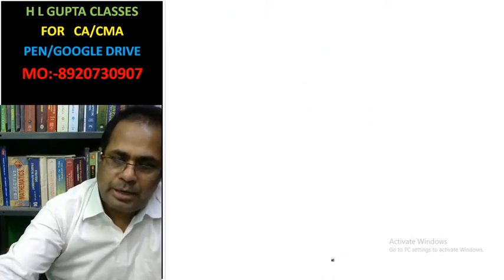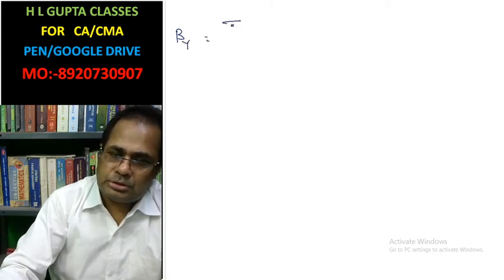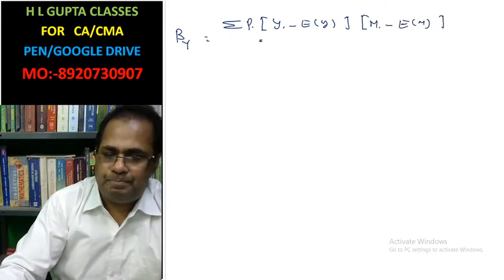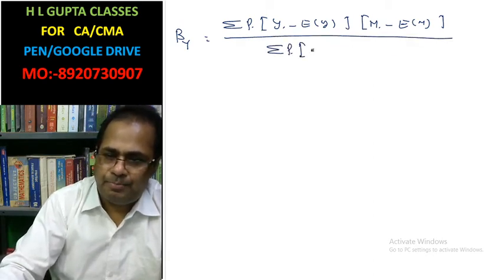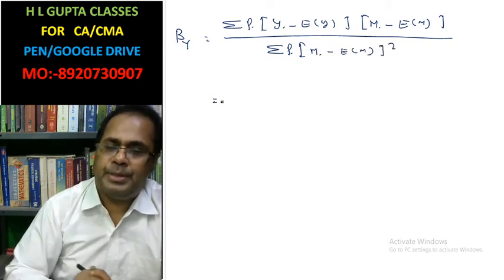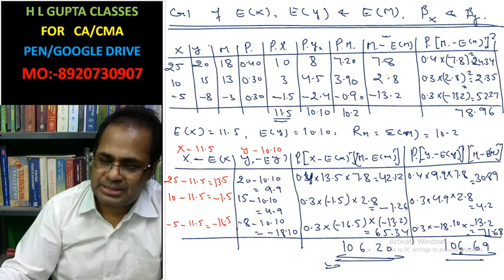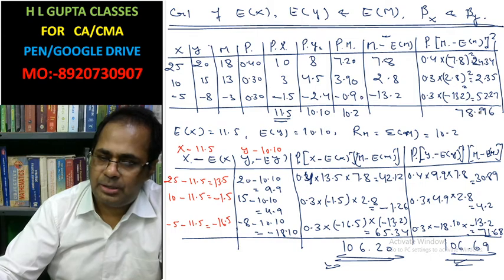1.34. Now you calculate beta of y: summation pi, yi minus expected y, mi minus expected m whole divided by summation pi, expected m whole square. What is this? Y 106.69. This is 78.96.